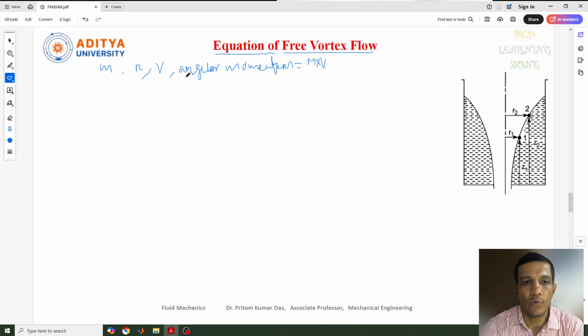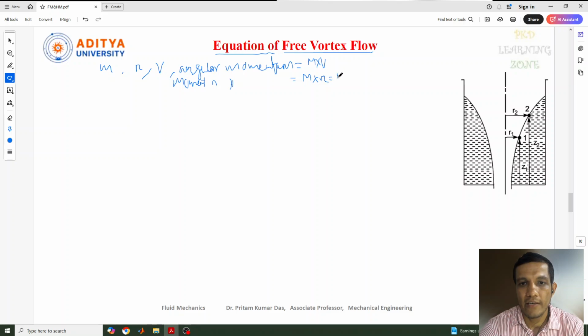These things I already told you previously during free vortex flow. Let me remind you again, angular momentum equals mass into velocity. And next I can calculate the moment of angular momentum, which is the angular momentum into the radius.